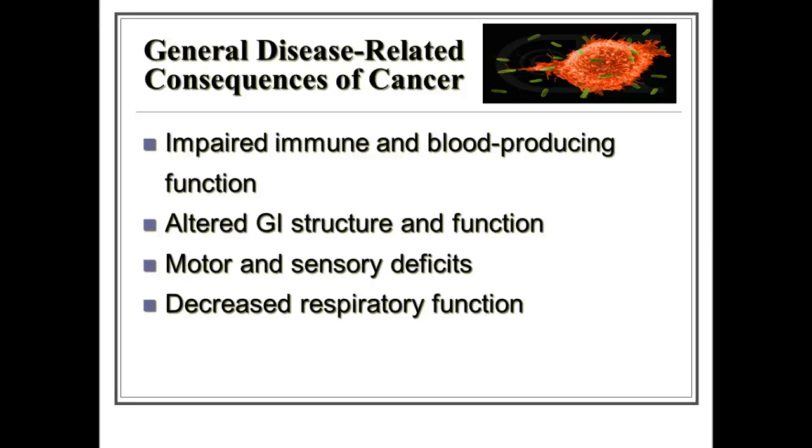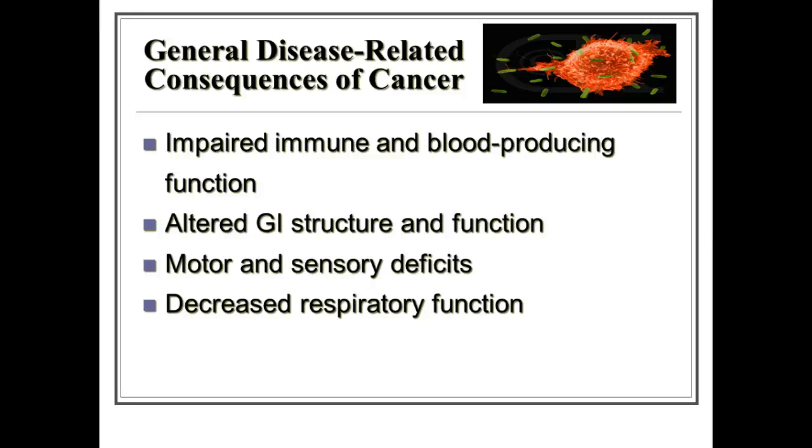When cancer invades the bone marrow, it also causes anemia by decreasing the number of red blood cells. That's when you'll hear them talk about a patient who has thrombocytopenia or that type of thing.